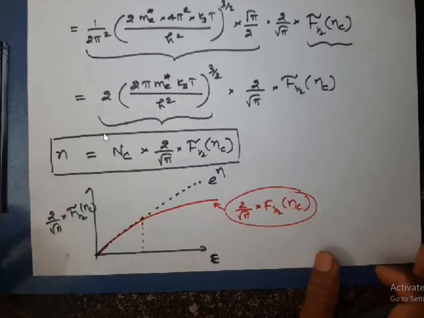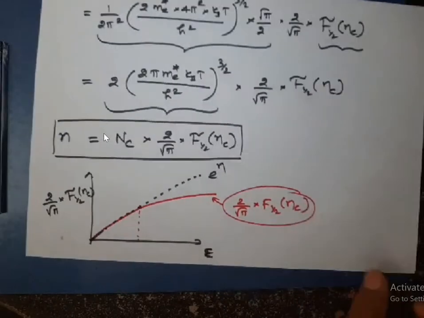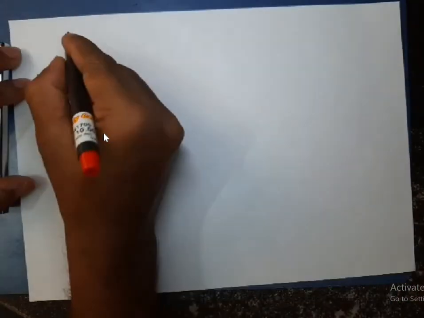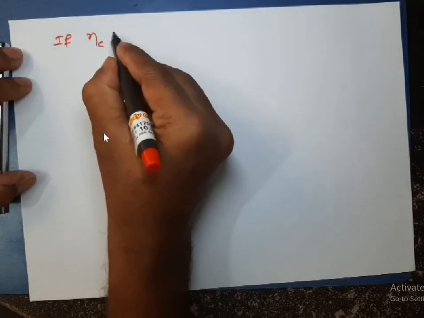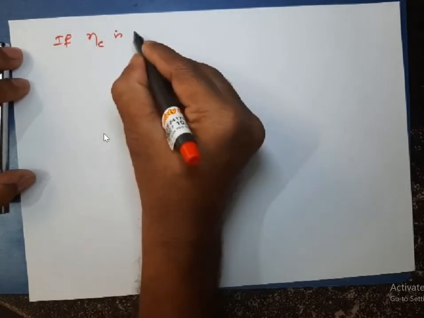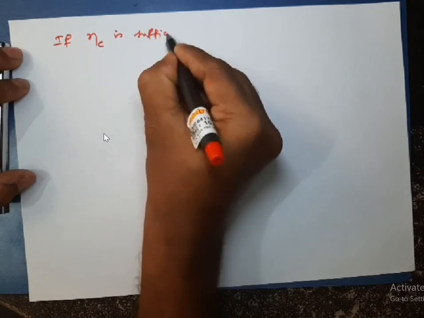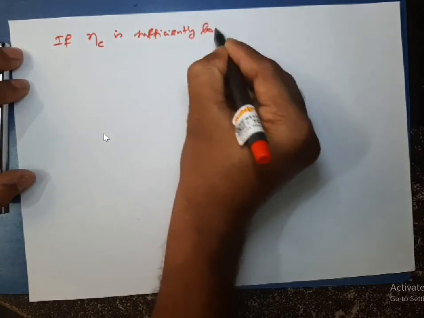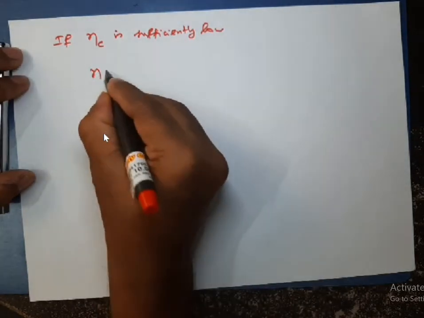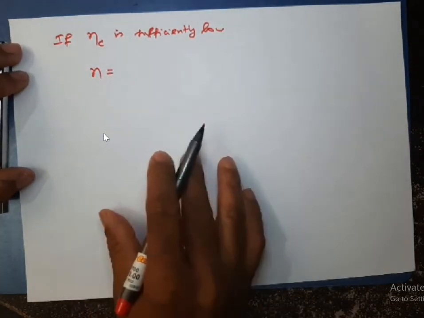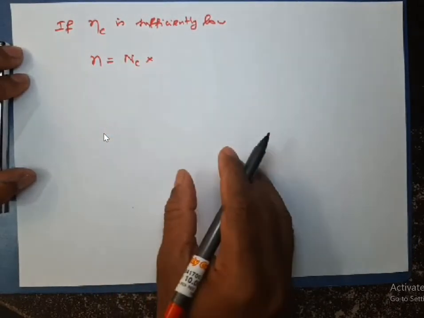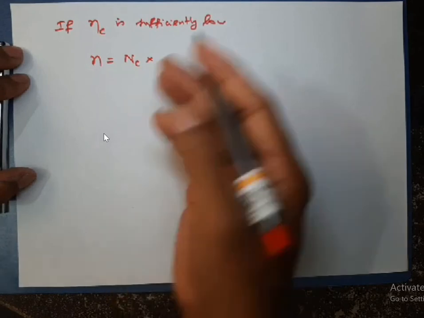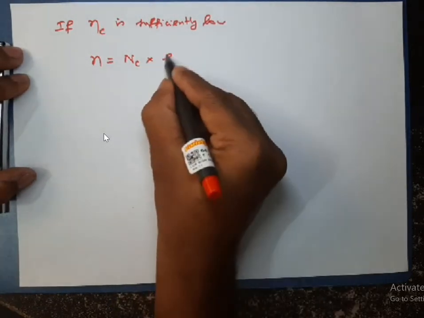What I'm trying to say is that if eta_c is sufficiently low, then the concentration N in the conduction band becomes equal to Nc into, instead of that 2/root pi Fermi-Dirac integral, I can put e^eta.